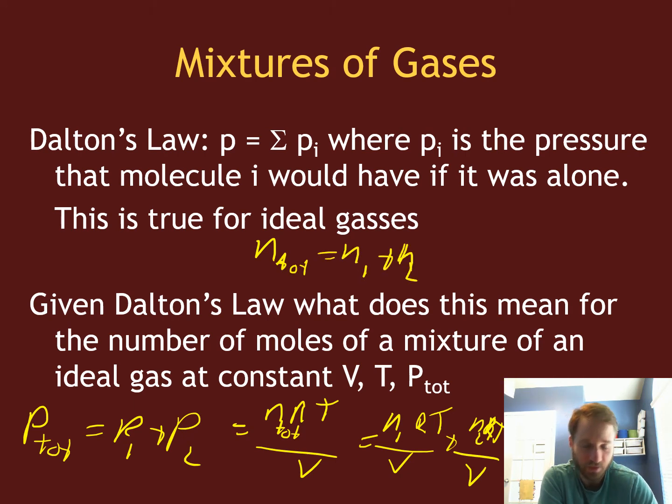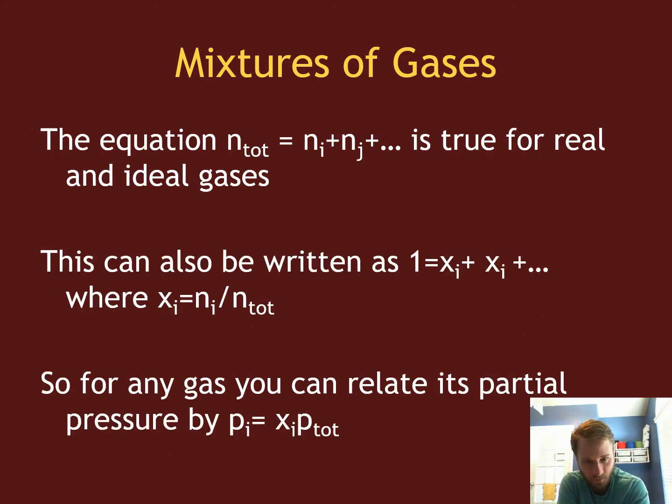Which is what we'd expect: the sum of the moles of each gas gives you the total number of moles. And that is true no matter what the gas, real or ideal. So again, that's true for all gases.